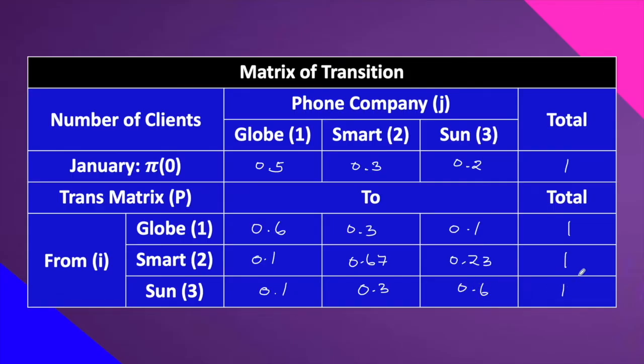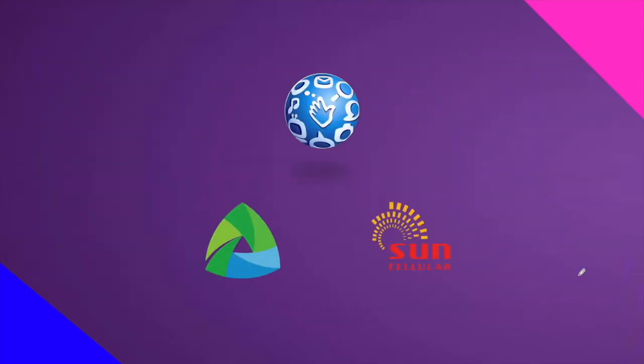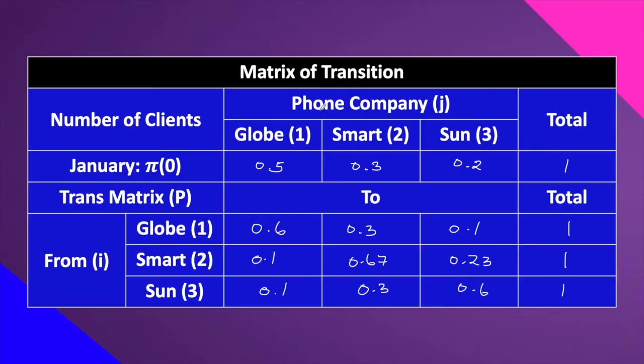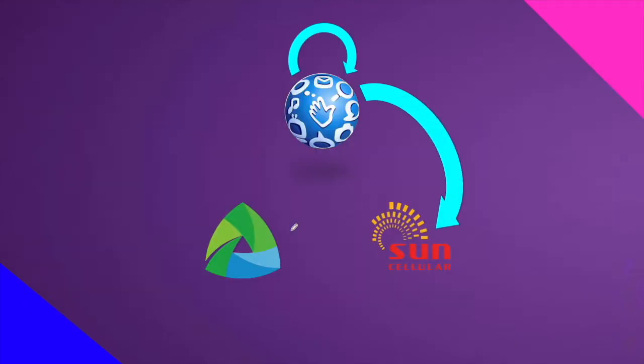Actually, guys, before we continue our computation, if you look, this matrix of transition can also be represented by this figure or this visualization. We see this globe, right? From Globe to Globe, that is 0.6. So, let's have it here.